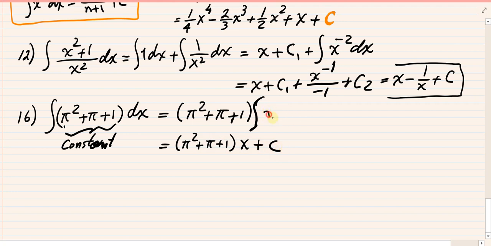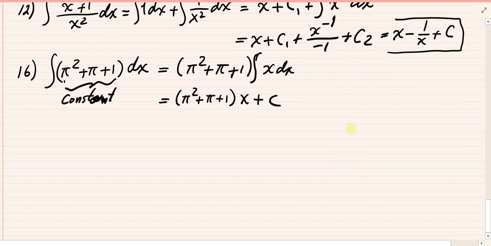All right, and there we have the answer to this integration problem. So that's pretty easy. Again, the key is to recognize that what we have indeed here is a constant. That's the key.